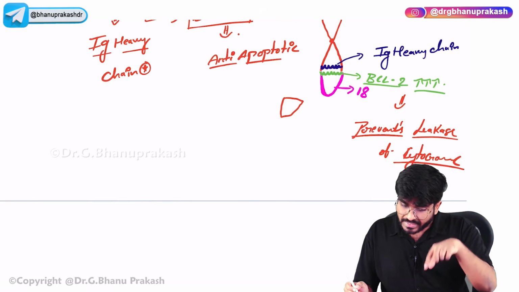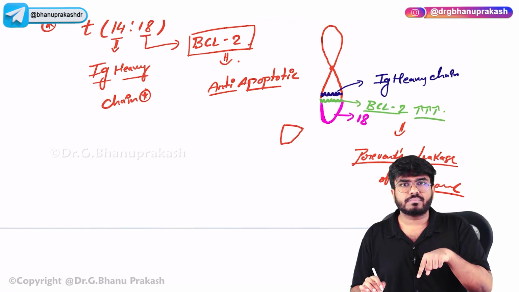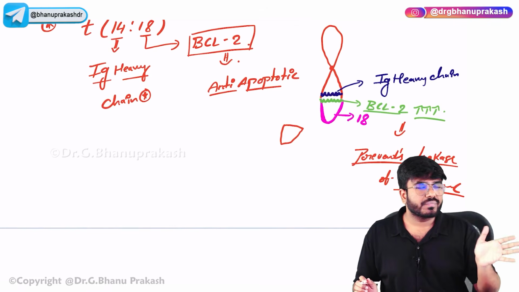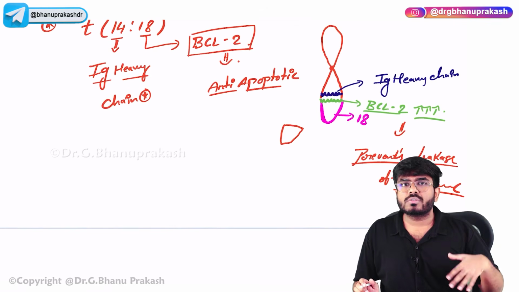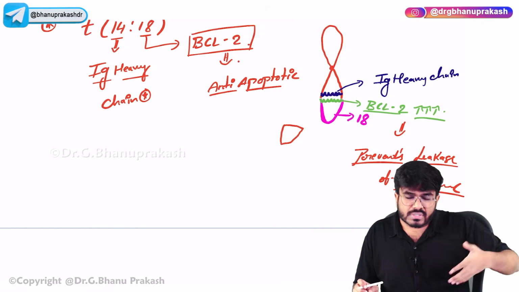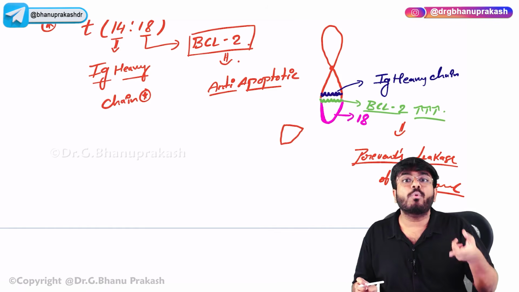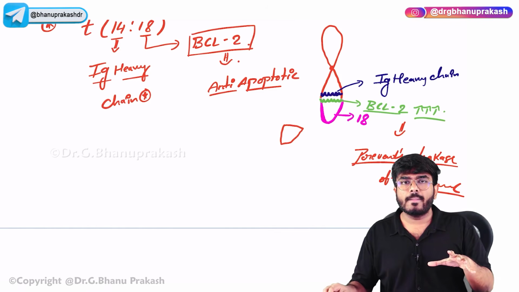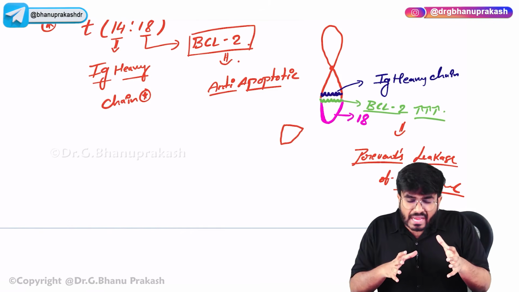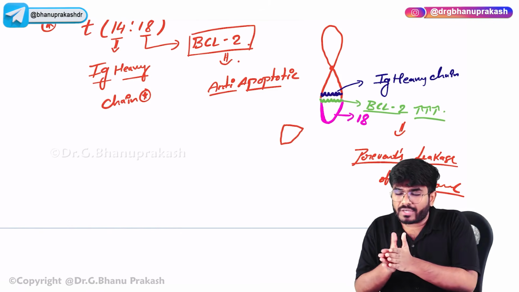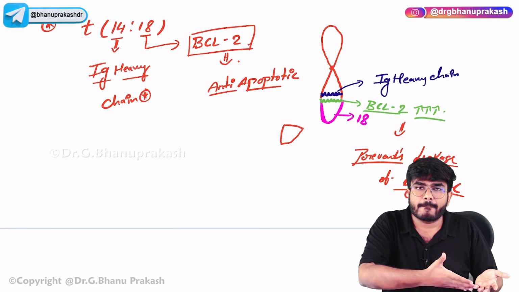So this is happening within the B cells. The B cells are not going to die. So B cells are going to continuously proliferate. Actually, B cells are supposed to die. In the lymph node, the B cells have to train themselves. They have to identify what is self and what is non-self.